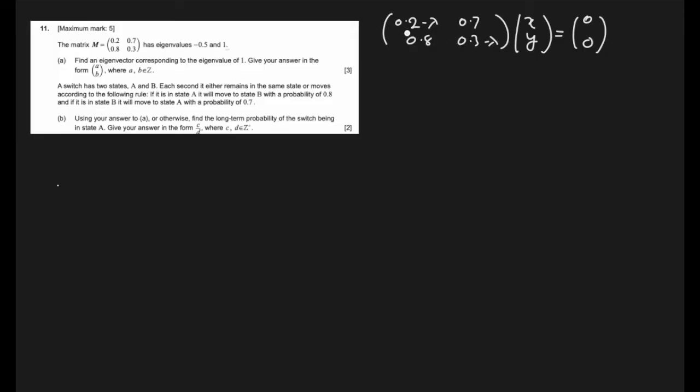So now we have been given that lambda is 1, and that's what we have to use. So it becomes 0.2 minus 1, negative 0.8, 0.8, 0.7 and 0.3 minus 1, negative 0.7, times x y equal to 0, 0.